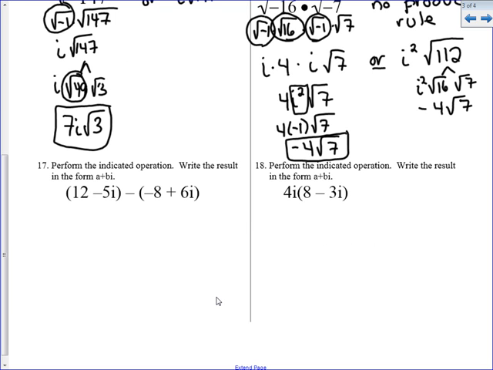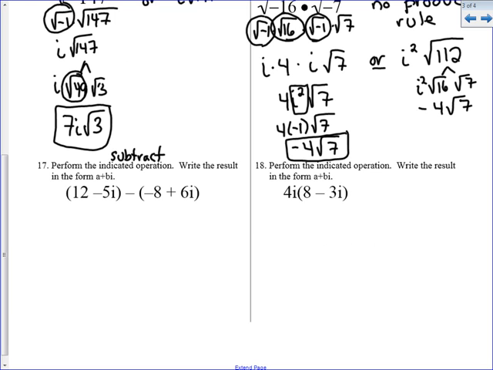The choices are add, subtract, multiply, divide. Subtract. So you could look at it as adding a negative. But yes, the original problem here is asking you to subtract.